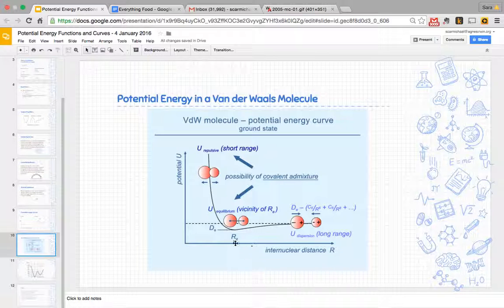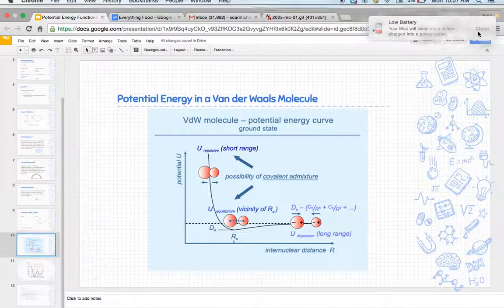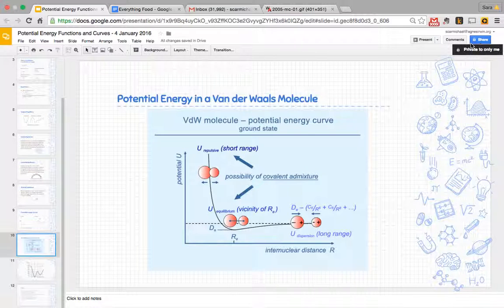So there's a position, called RE here, the equilibrium position, where that attraction and that repulsion are canceling each other out, and the net force is 0, and we have a stable equilibrium position.